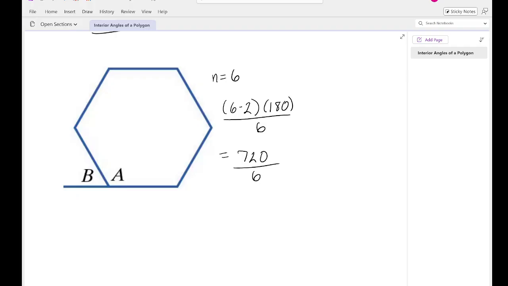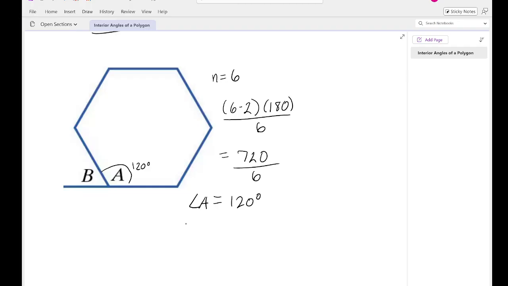And then 6 into 720 is going to be 120. So every interior angle of this polygon is 120 degrees, which means that angle A is 120 degrees.